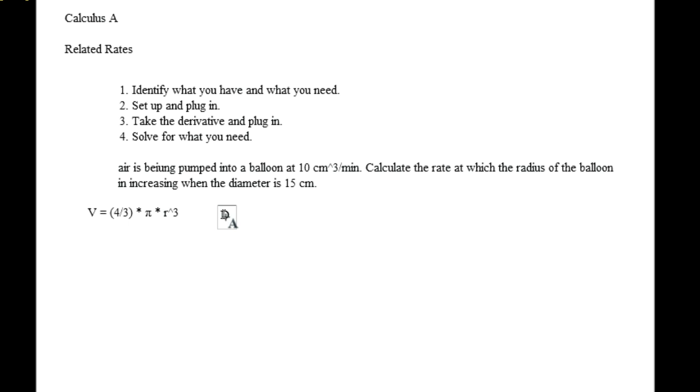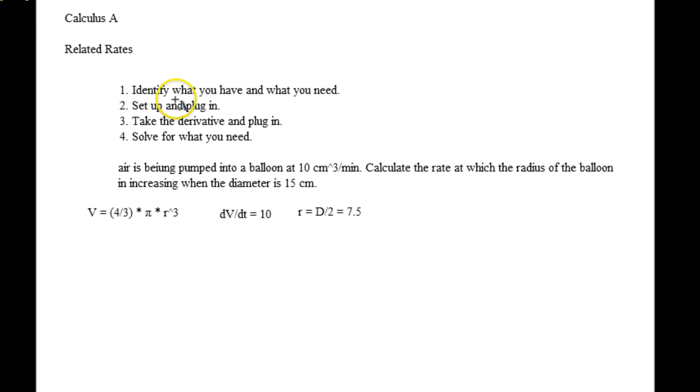We also know that the rate at which the air in this balloon is increasing for the volume is dV over dt, which is going to be 10 cubic centimeters per minute. That's not going to be V, that's going to be dV over dt. If you notice, this looks very familiar to implicit differentiation when we had dy over dx. We also know that the radius, which is the diameter divided by 2, is going to be 7.5.